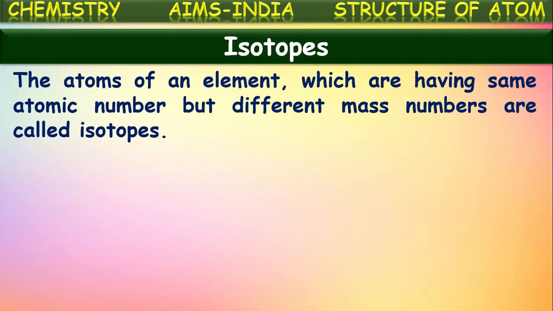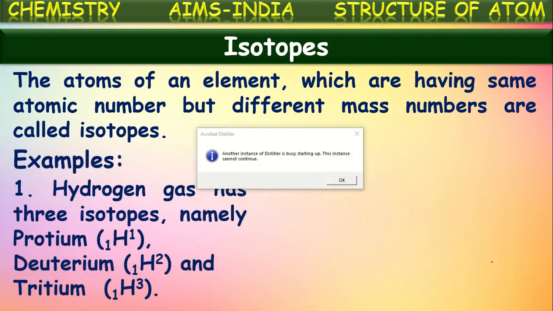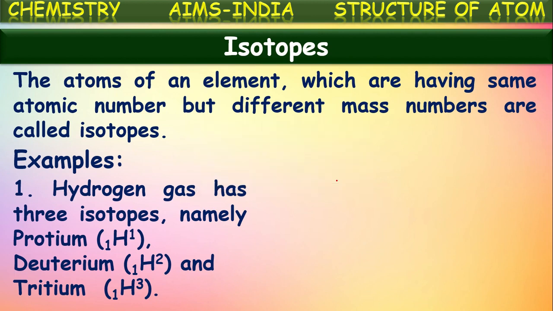For example, hydrogen has three isotopes, namely protium, deuterium, and tritium.